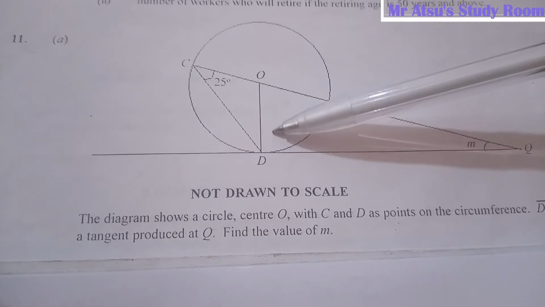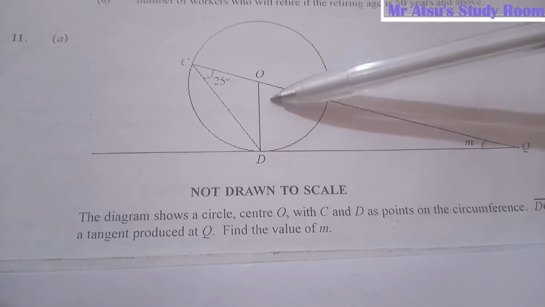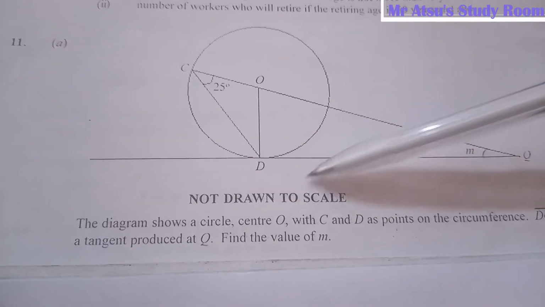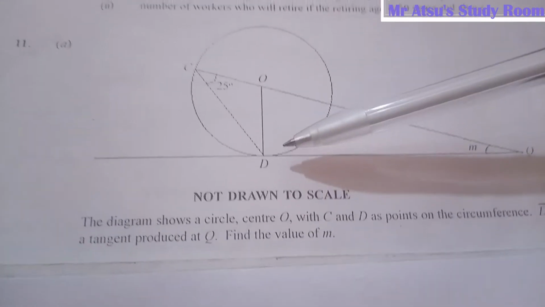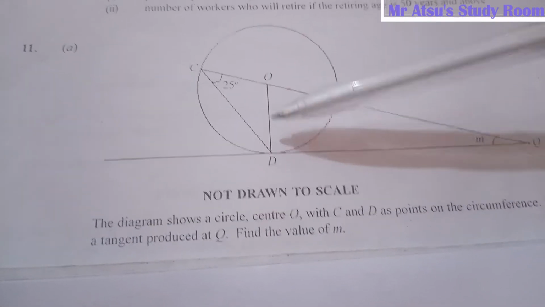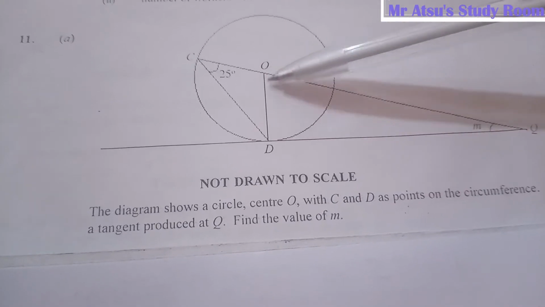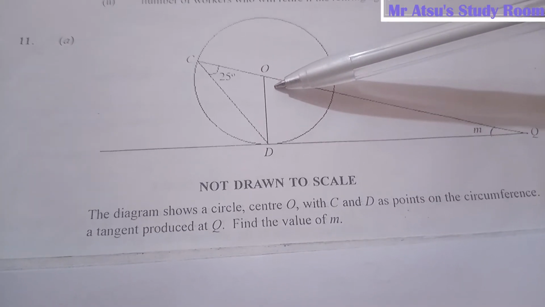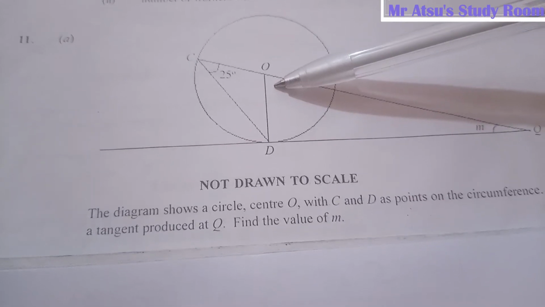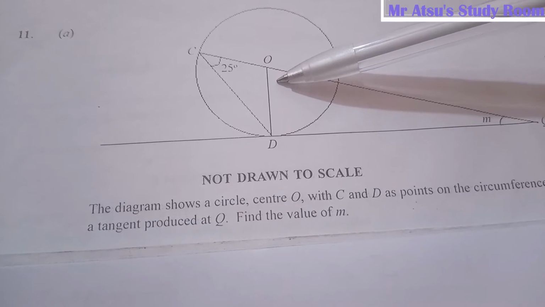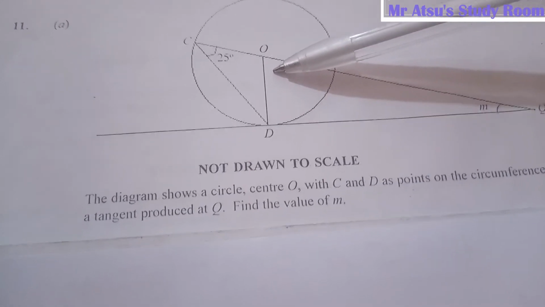So that means we will need this angle to be able to calculate for our M, DOQ. That means the DOQ is 50 degrees, because if this is 130, then here will be 50, because angles on a straight line sum up to 180 degrees, or that property of triangle we've used a number of times now.